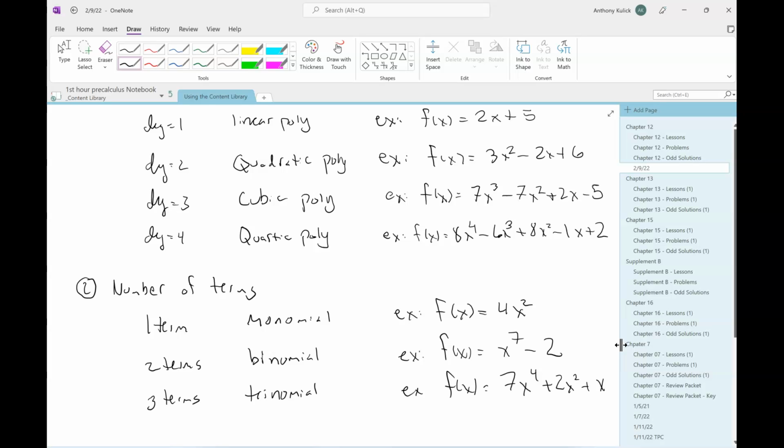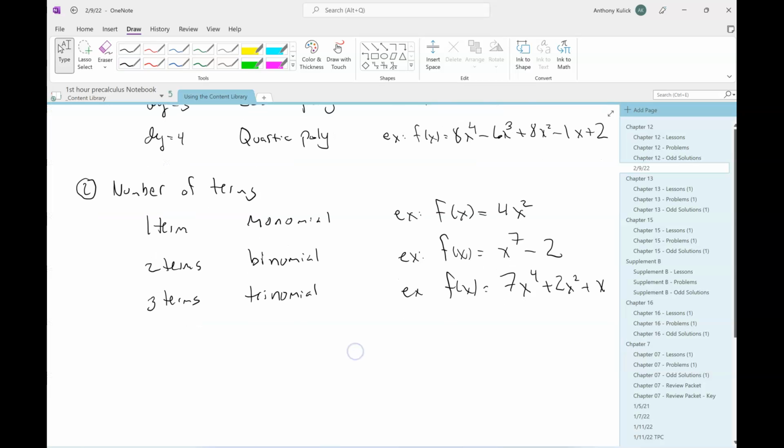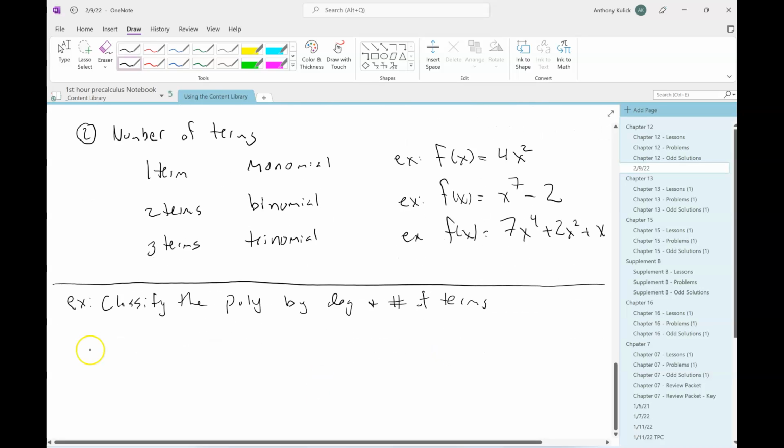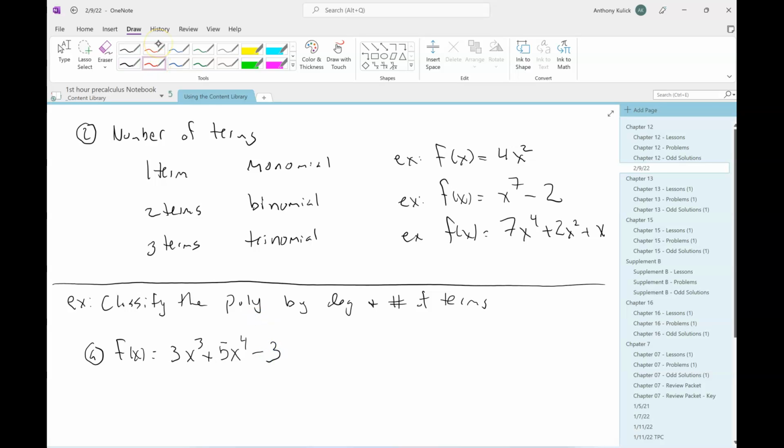So like 7x to the 4th plus 2x squared plus x is an example of a trinomial, has 1, 2, 3 terms. Trinomial. Okay, so we have 3 terms.